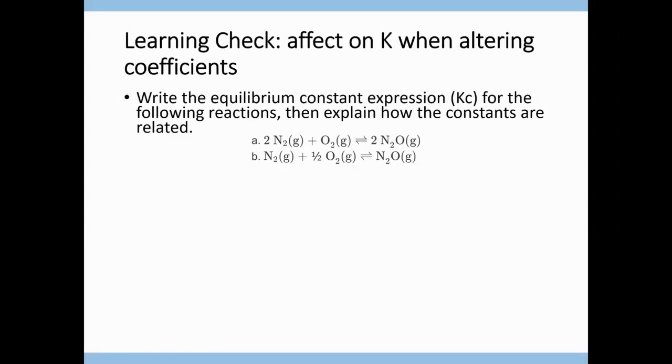Both have a balanced chemical equation, but one of them has whole number coefficients, and the second one has a fraction coefficient. For each of these reactions, write the Kc expression, in terms of concentration. Considering products, reactants, coefficients, write those two expressions out.